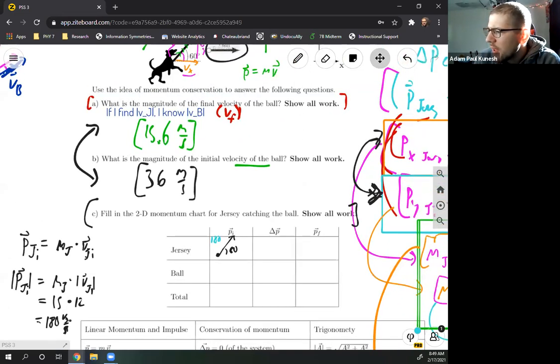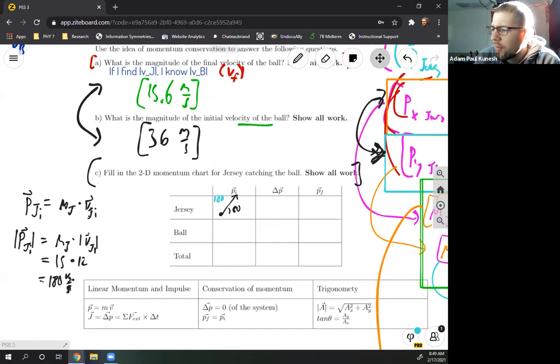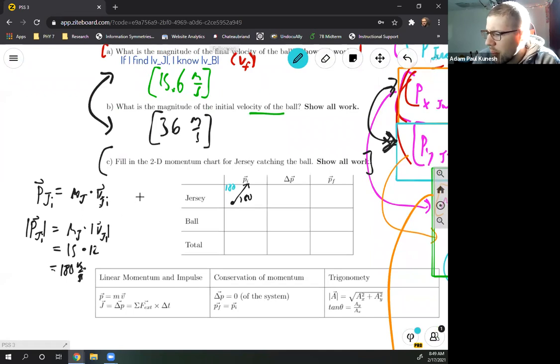The ball has an initial velocity of 36 meters per second, and it's traveling purely horizontally. So similarly, I'm going to calculate P ball as the mass of the ball times the velocity of the ball. So the velocity of the ball in component form is just going to be 36, 0. Why is that? Well, it's only got a horizontal component and the magnitude of it is 36.